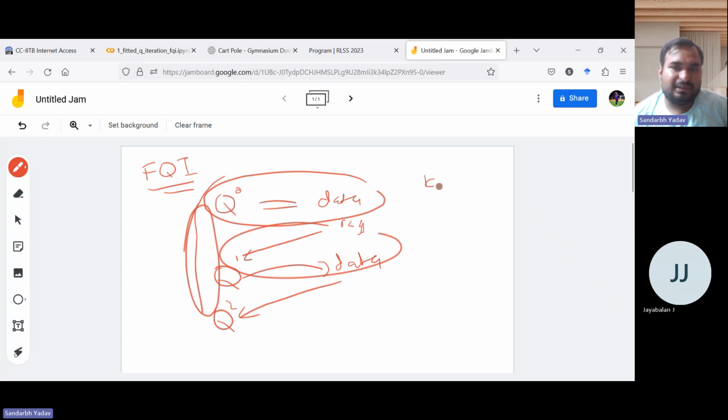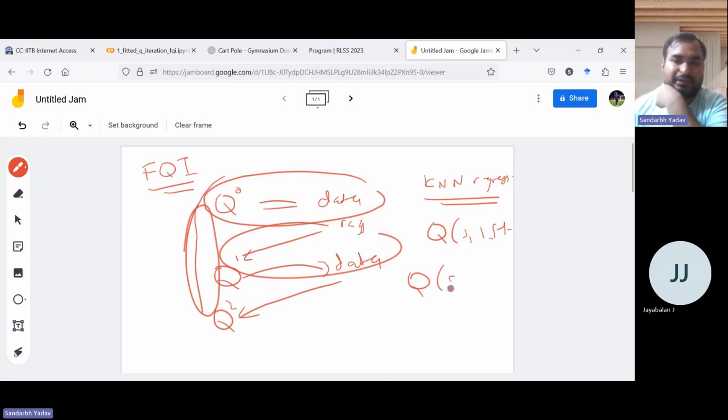A KNN regressor is used in this task because we need to estimate the Q value. Suppose we are in state S, then we need the Q value of left and the Q value of right. These are the two actions for us, and for every state we need to estimate this Q value.